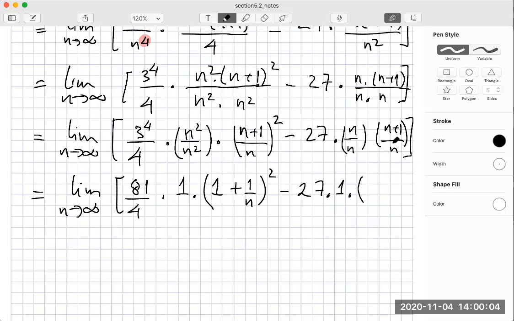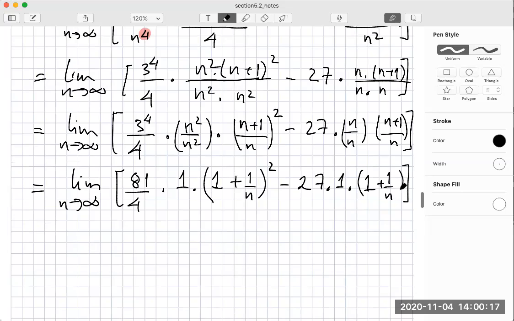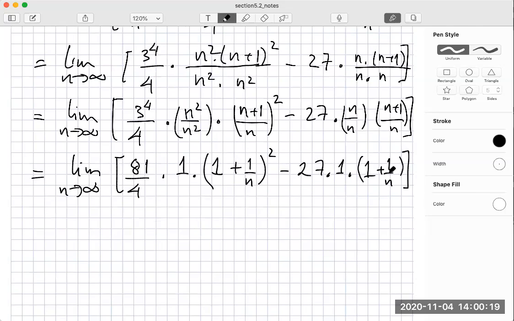The similar story, what is it here? 1 plus 1 over n, right? Very good. Then the limit, when n goes to infinity, 1 over n would be 0. Okay?